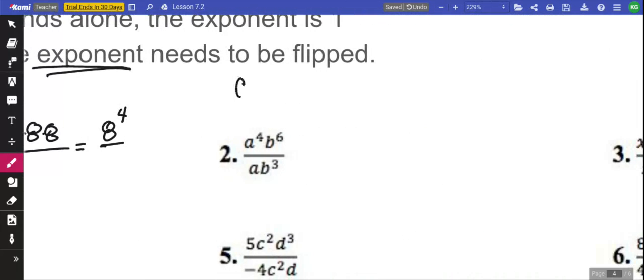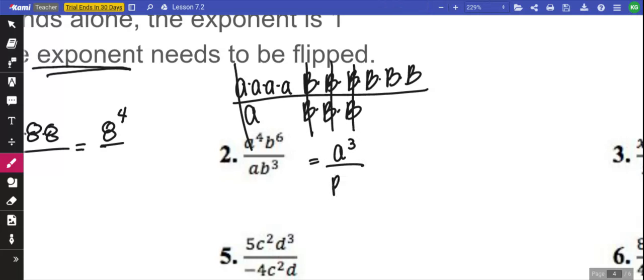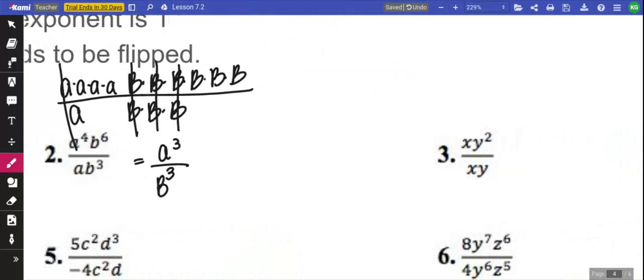So number 2, if I write it out, I have 4 A's and 6 B's over 1 A and 3 B's. So when I go to reduce, I'm left with 3 A's on the top and 3 B's on the top.